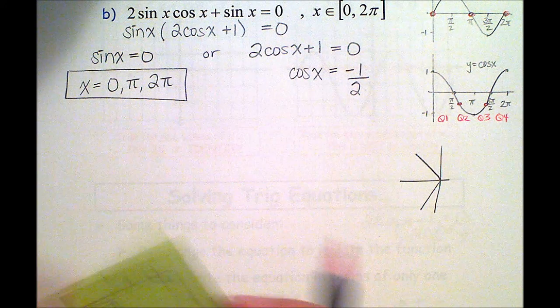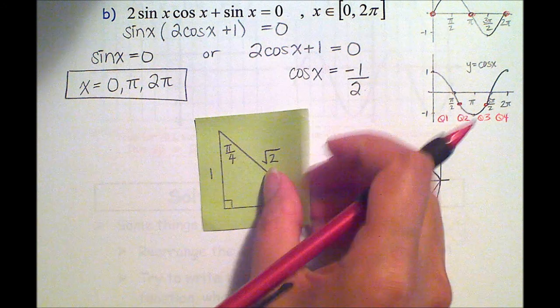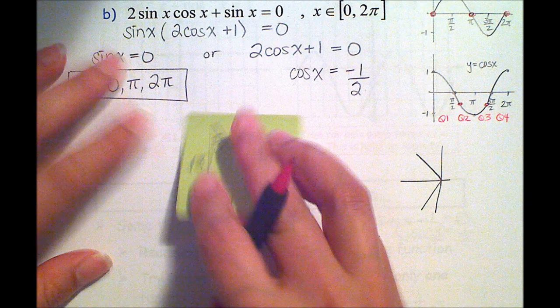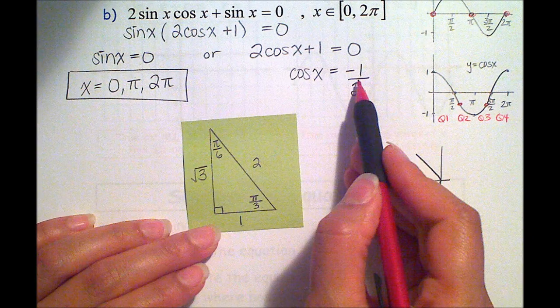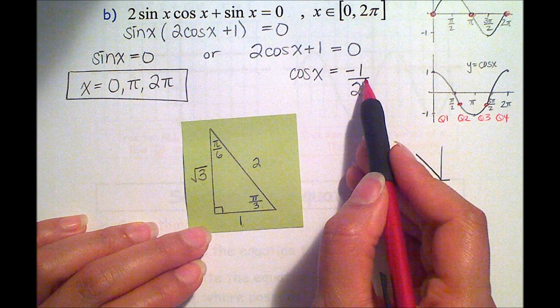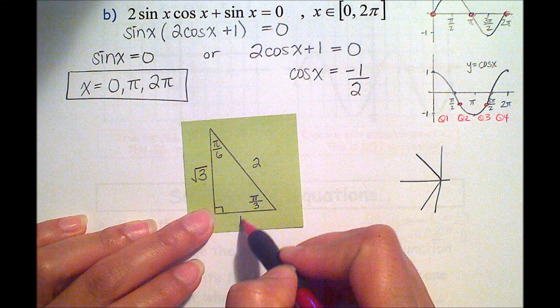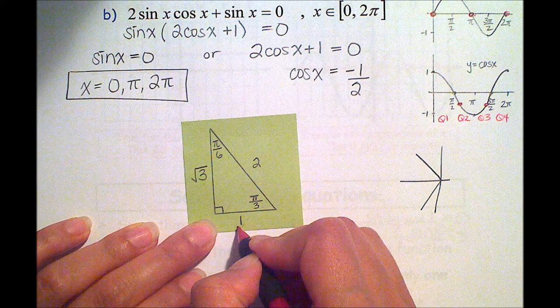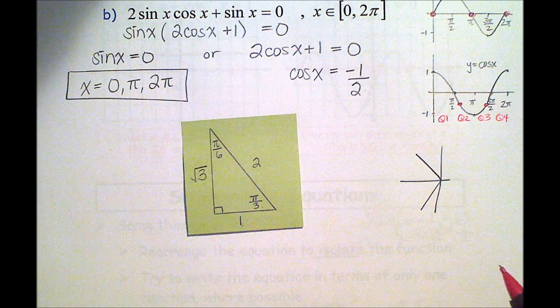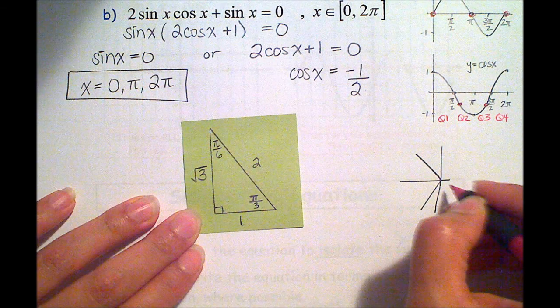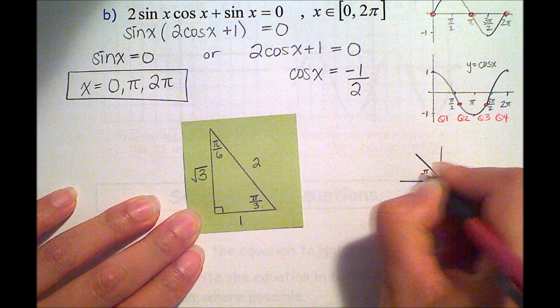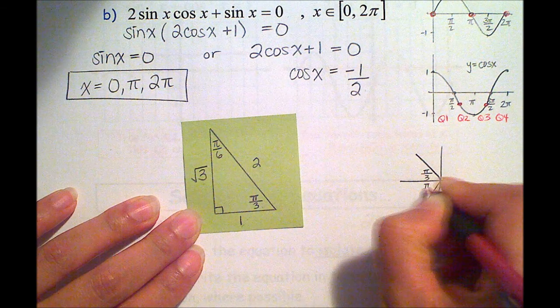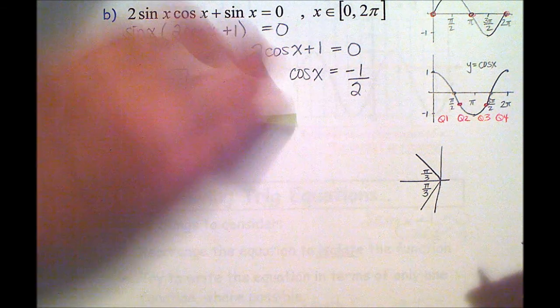And so to look at our special angle, here we go. I'm looking for an angle where the adjacent side is 1 and the hypotenuse side is 2. So here's 1, adjacent to that is pi over 3. So adjacent is 1, hypotenuse is 2. So that means my related acute angle here is pi over 3, and so it's the same thing in quadrant 3 as well.